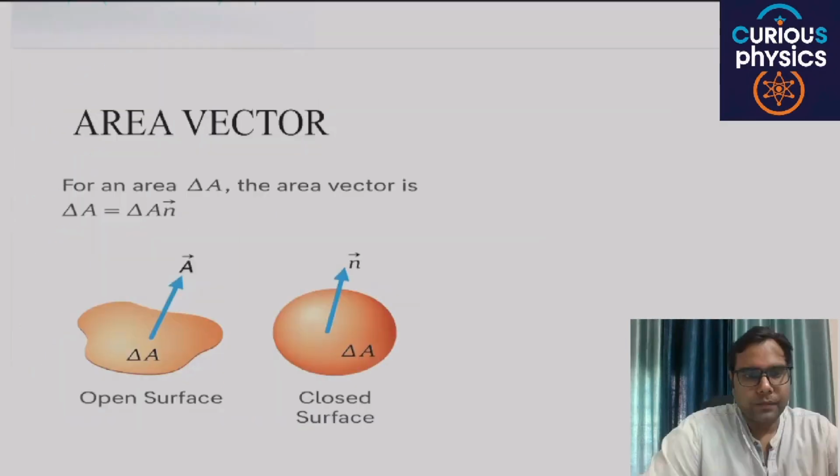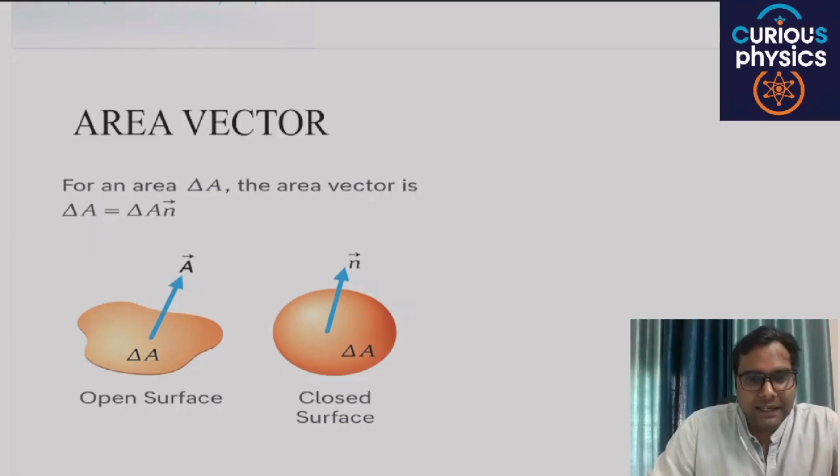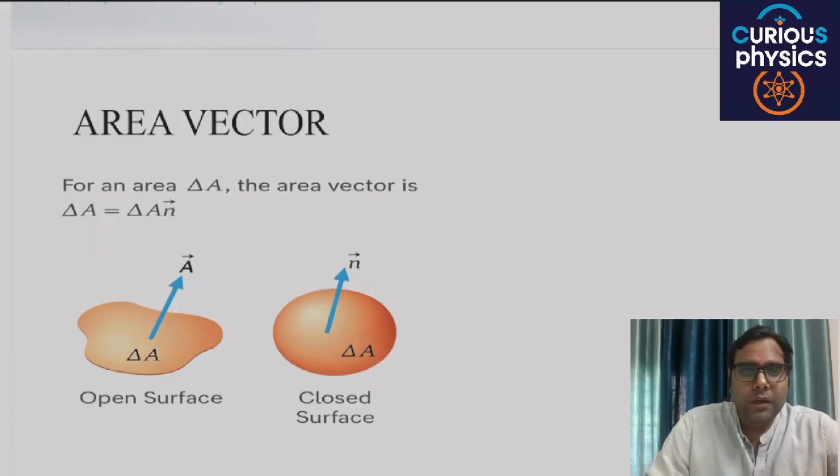Next, the main topic is electric flux. But before understanding the concept of electric flux, we need to understand the area vector. What is area? You all know what area is. For a circle of radius r, the area is pi r square. For a square of side a, the area is a square. For a sphere of radius r, the surface area is 4 pi r square.